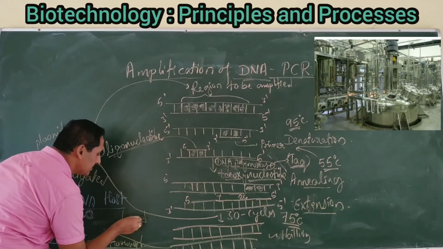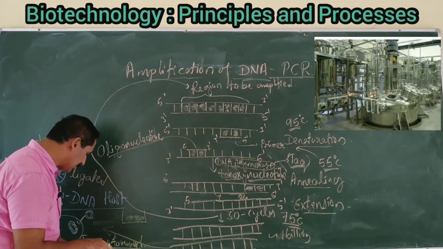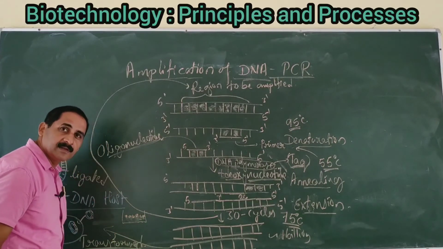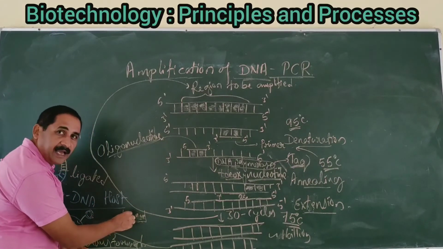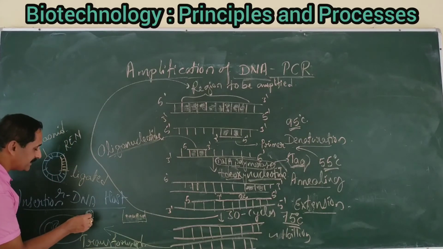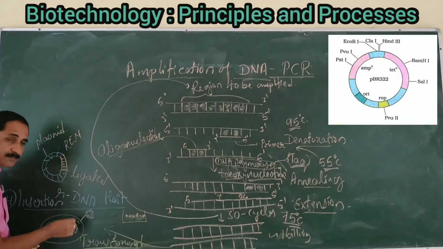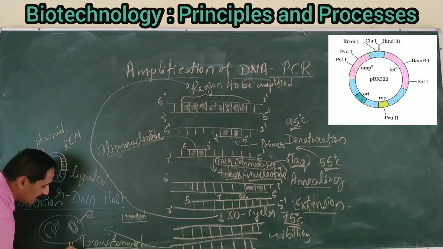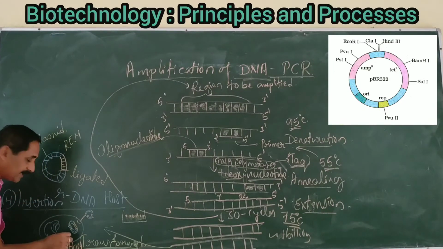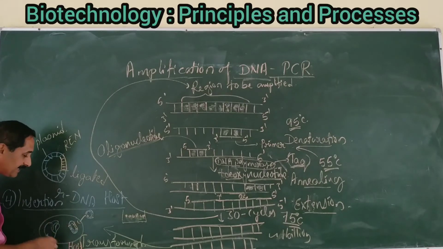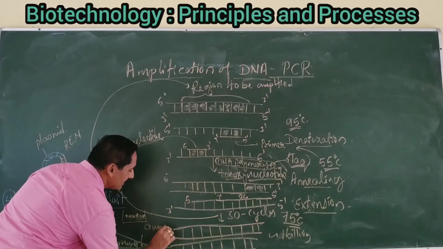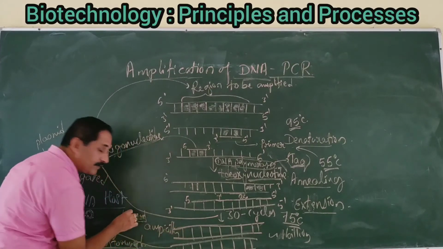Before introducing into the bioreactor, we have to culture this transformed cell in the laboratory by using ampicillin, because the ampicillin resistant gene is present in this plasmid. After introduction into the host cell, a bacterial cell or any other host cell, the cell gets resistant to ampicillin.